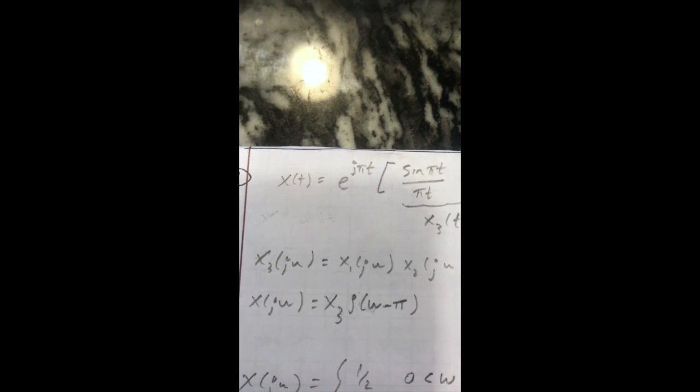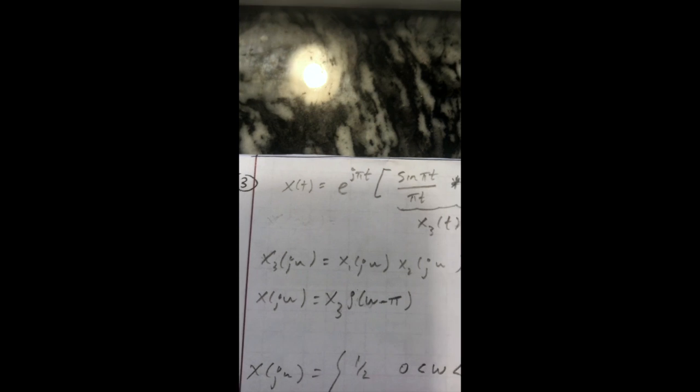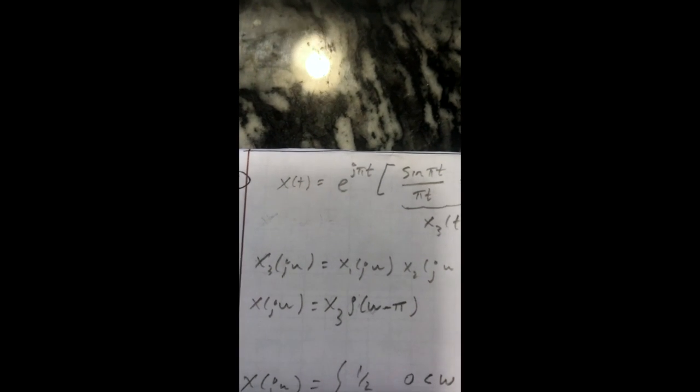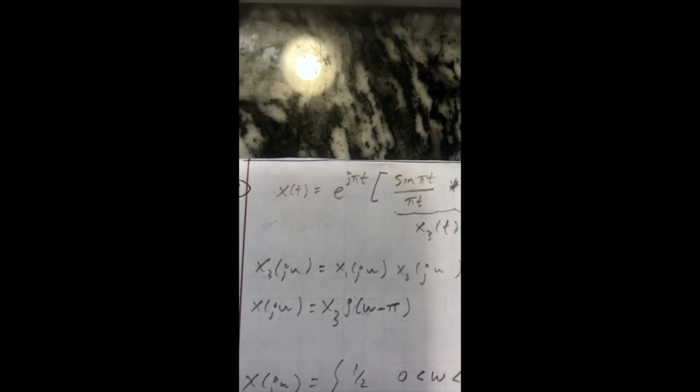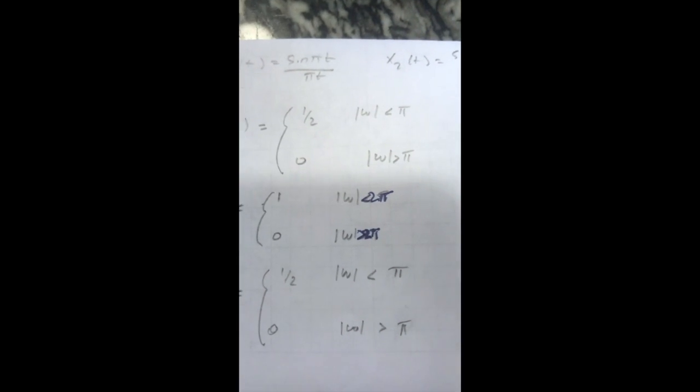And that's the expression we end up with once we shift it. Now, once we do shift it, you have to keep in mind that when you're subtracting with the shift, that means you're shifting it to the right. So x of j omega will be x3 of j omega shifted by pi to the right.